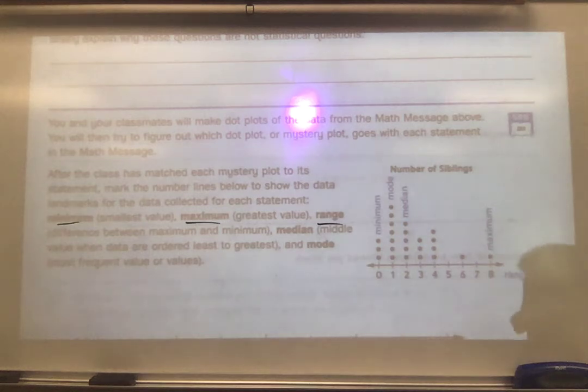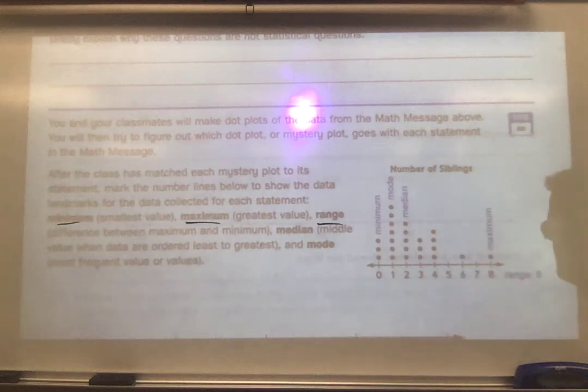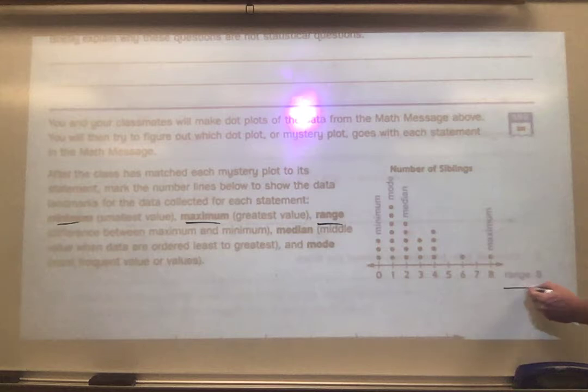Okay, so they were an only child. So there's my minimum. The maximum is the greatest, and in this case, one student had 8, which is quite a bit more than everybody else. We'll learn later that's called an outlier because it's a little bit different than what you normally see. So that's the maximum.